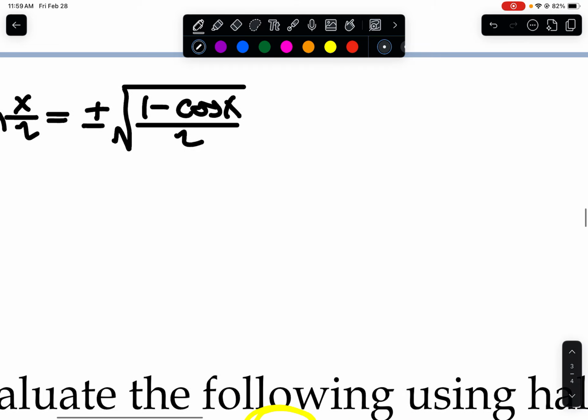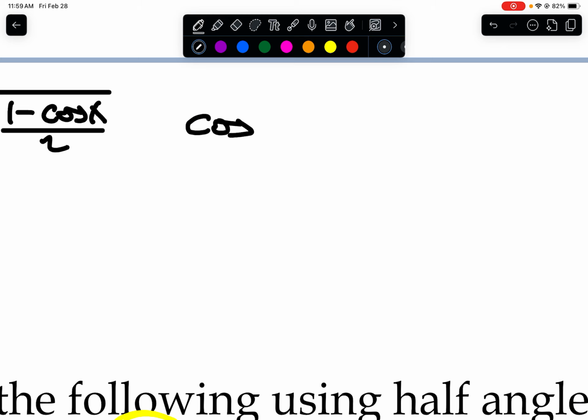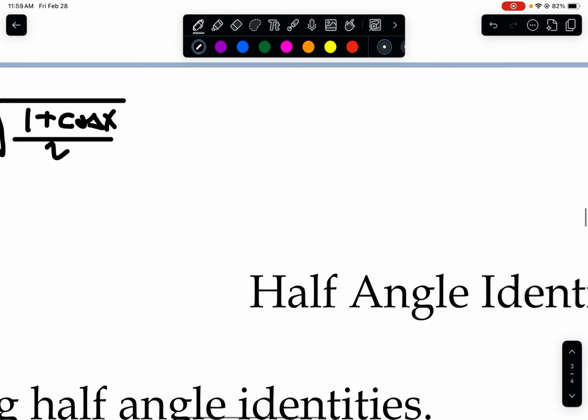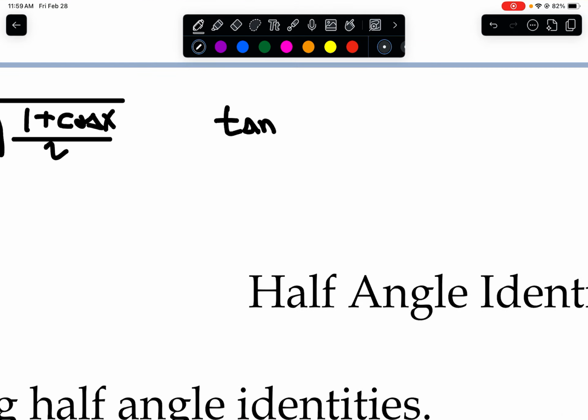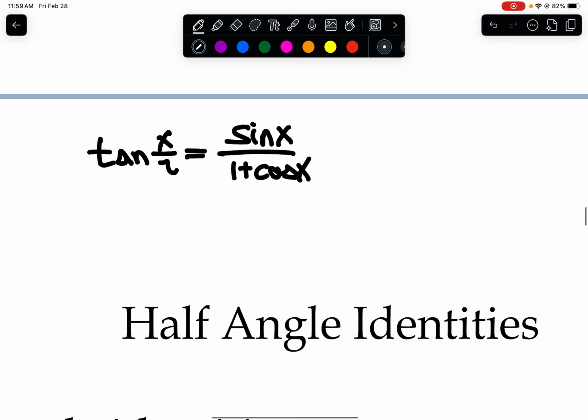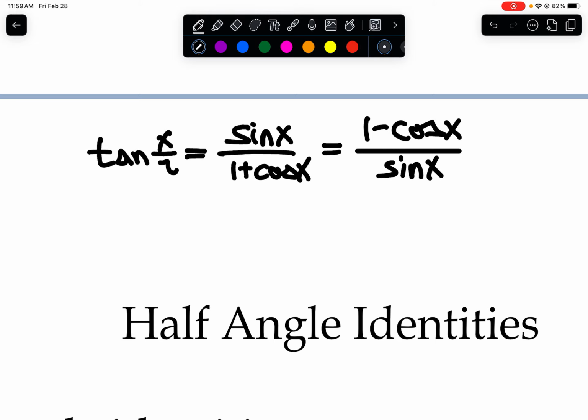And I'm going to explain that plus and minus in a second, don't worry. And then cosine of x over 2 is equal to plus or minus the square root of 1 plus cosine of x, divided by 2. And then tangent for half angle is going to be either sine of x over 1 plus cosine x, or 1 minus cosine x divided by sine x. So you have options for those.